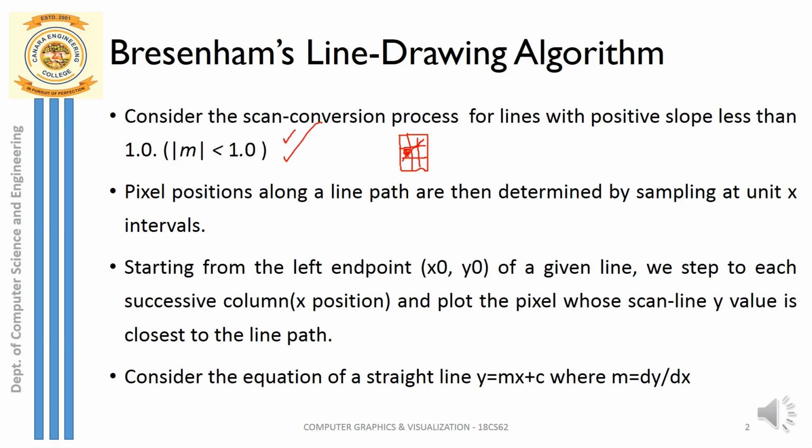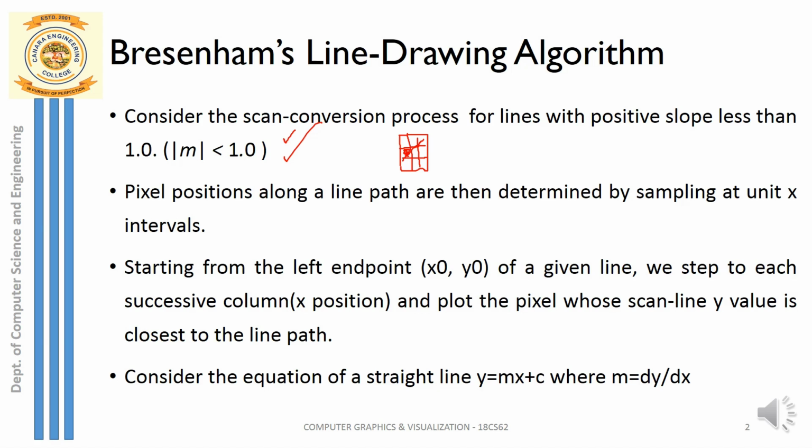It can be a negative slope, or the slope equal to 0, or a slope less than 1, like 0.8 or 0.6. This is case 1. One more case is the line whose slope is greater than 1, which means it is a positive slope.